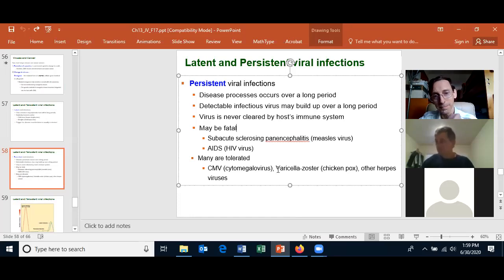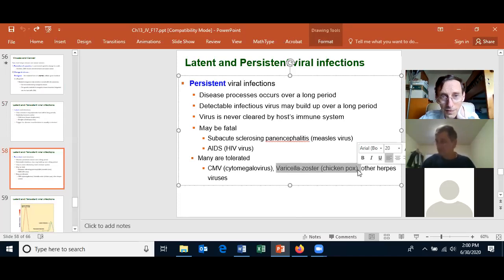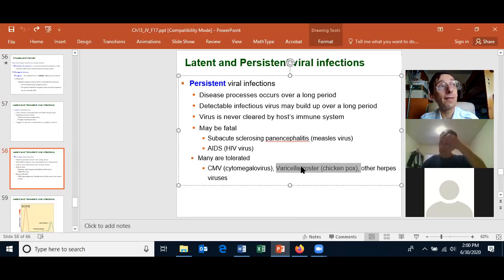I hate to say that with the chickenpox virus, so I should say we're going to skip talking about that. The only time it would be persistent is when the patient gets shingles, and the shingles never go away.